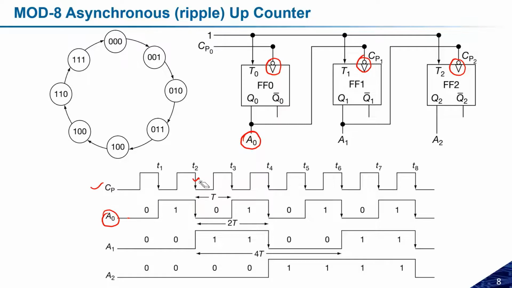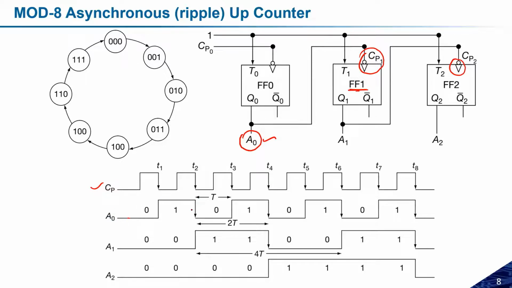Now if you can see here, A0 is acting as a clock pulse for FF1. So FF1 will change its state when there is a falling edge on A0. The A0 is here. This is the rising pulse. Now this is the falling pulse.